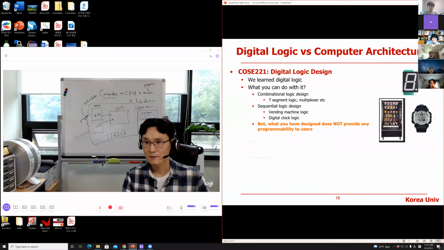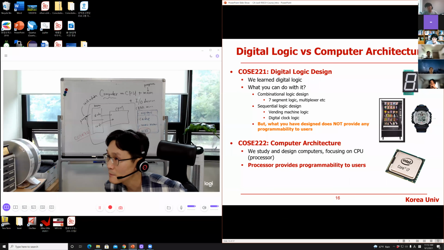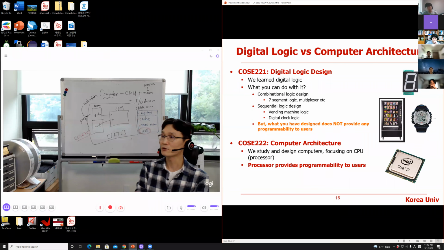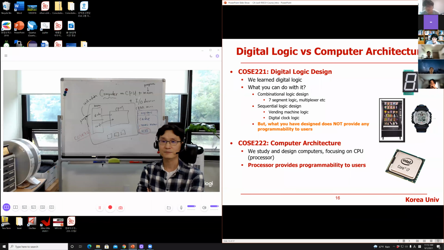To compare digital logic and computer architecture, course 221 is digital logic design. There we learned digital logic and what you can do with it.